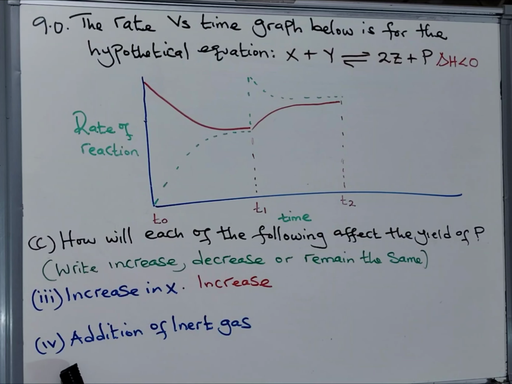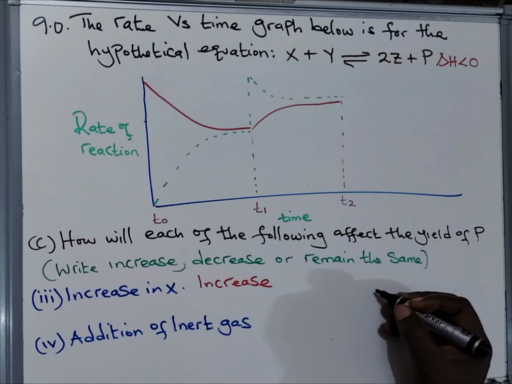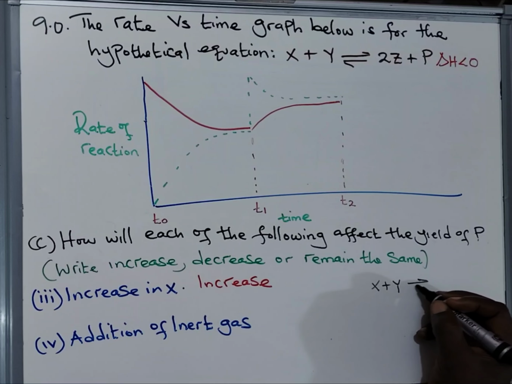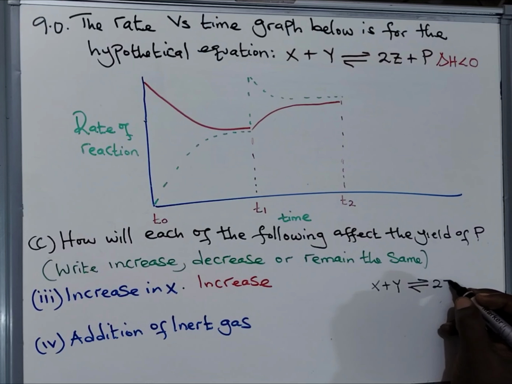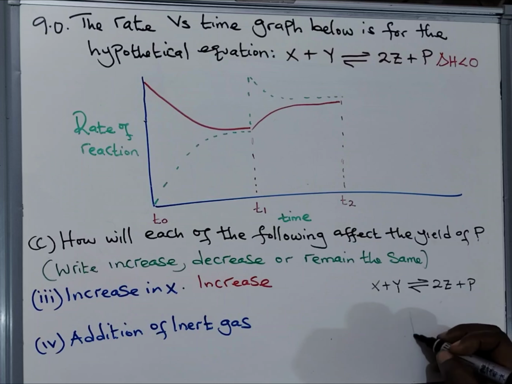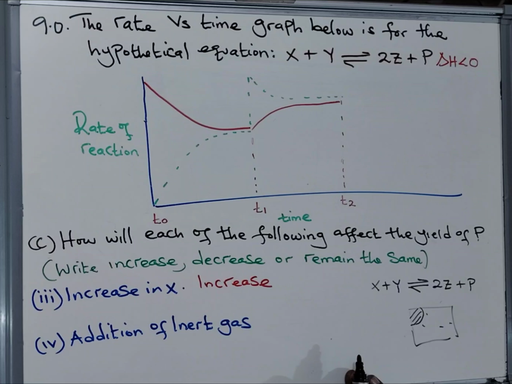Then next, addition of inert gas. When you look at our equilibrium, which is x plus y giving you 2z plus p, in case you have this as the container, what inert gas does is that it comes and occupies space inside the container.